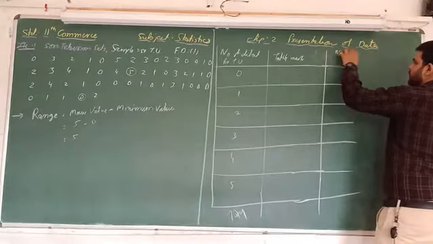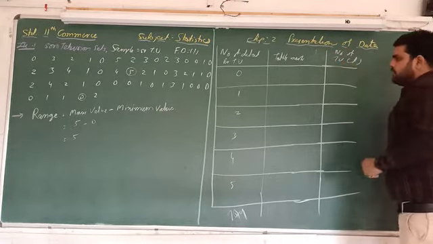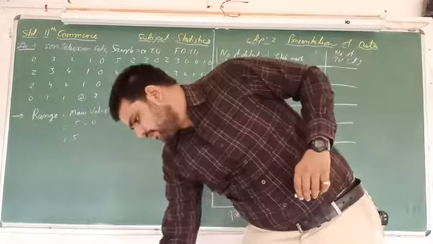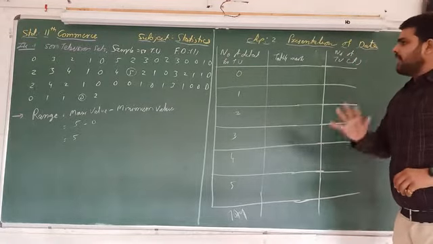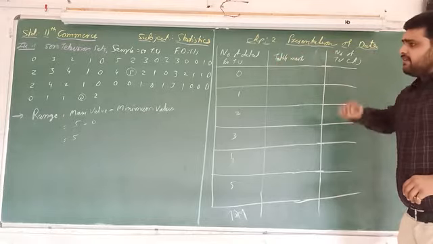Number of TV sets is the frequency F. Now what is the next step? We have to put the data in the table, column wise.